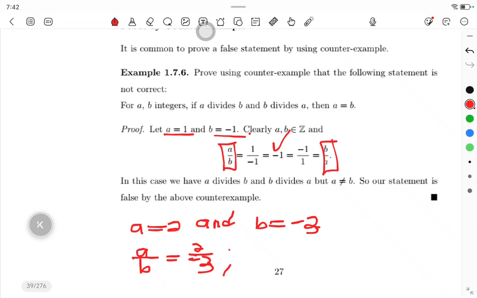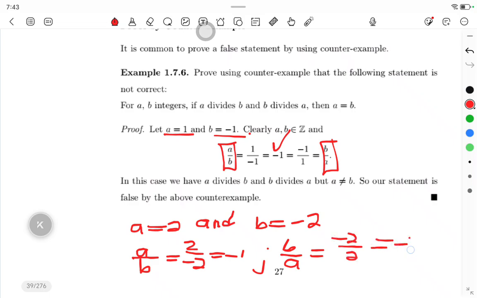And then we'll have b over a again. Let's put the ones which do not leave a remainder, since they must not leave a remainder for them to divide. So we have 2 and -2, and this one gives us -1. Also for b over a, we have -2 over 2, which also gives -1.